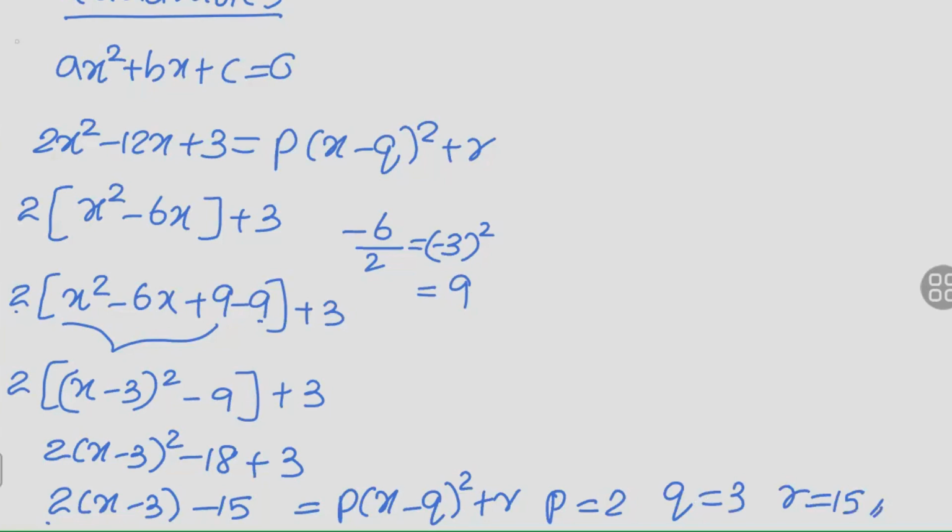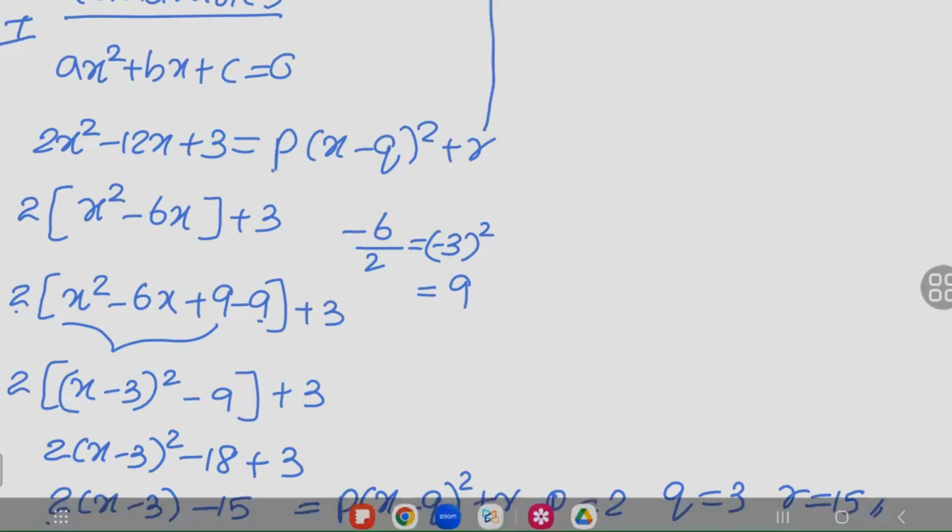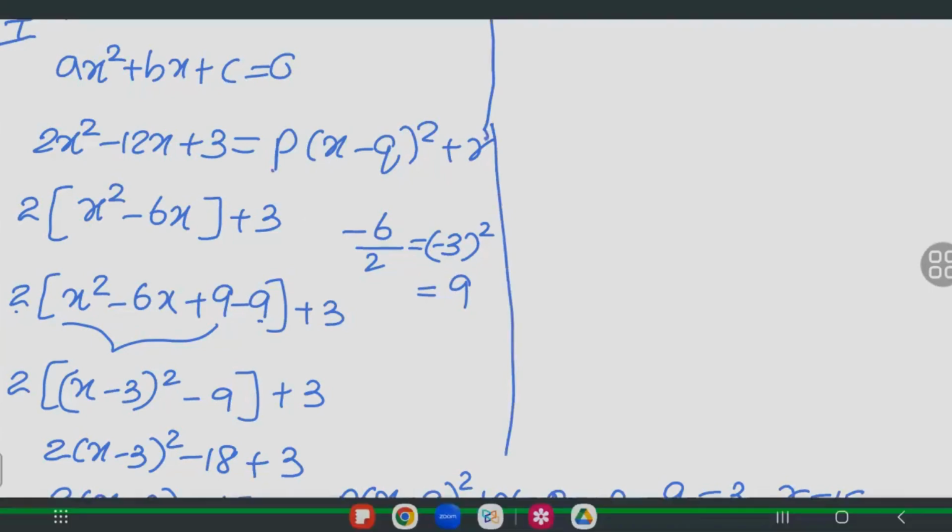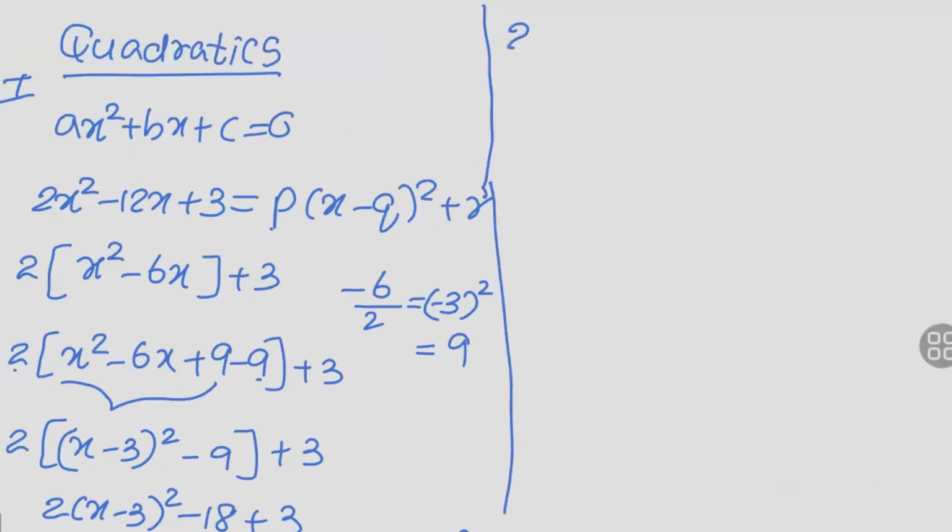The second method is the same thing, and you can use it if they want it kept inside the bracket. Let's do it here and then compare with method one. 2x squared minus 12x plus 3.